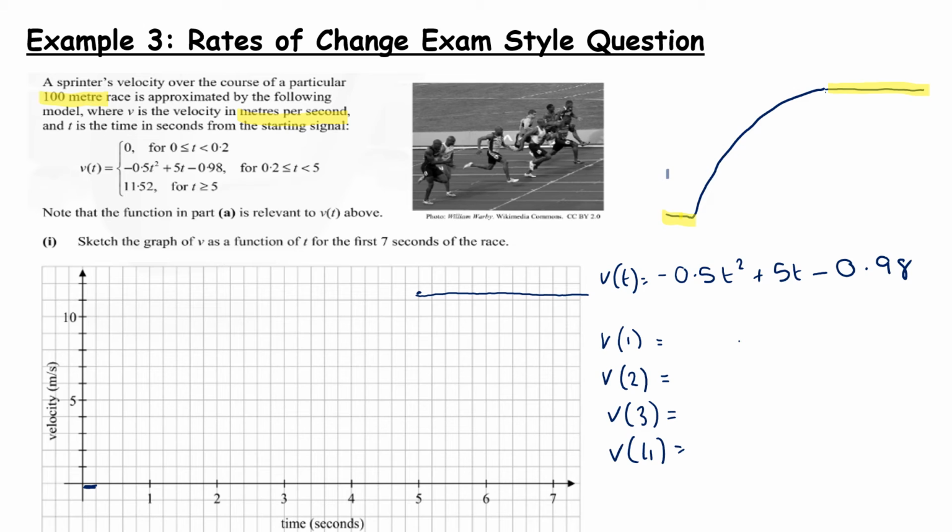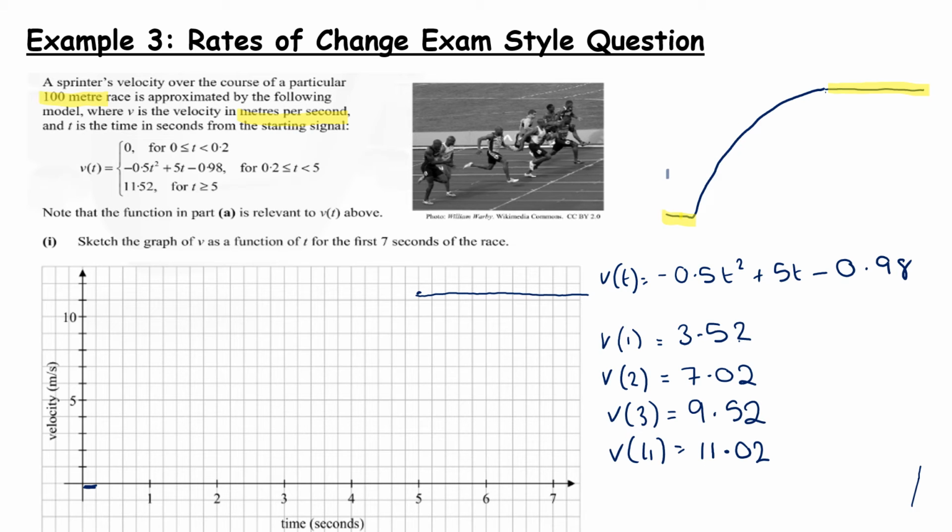So when we sub in 1 to there, I'm getting 3.52. When I sub in 2, I get 7.02. When I sub in 3, I get 9.52. And when I sub in 4, I get 11.02.